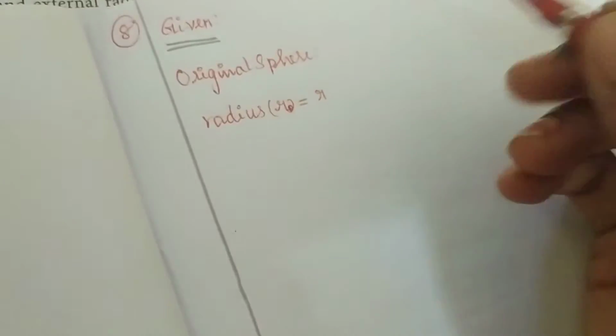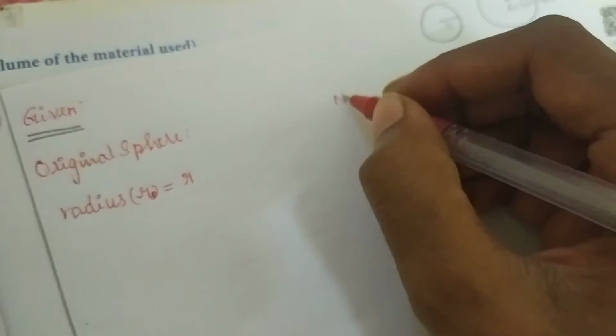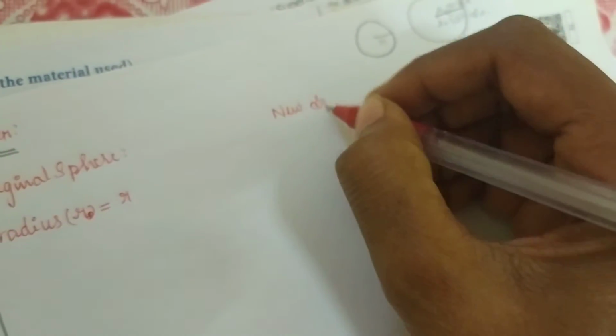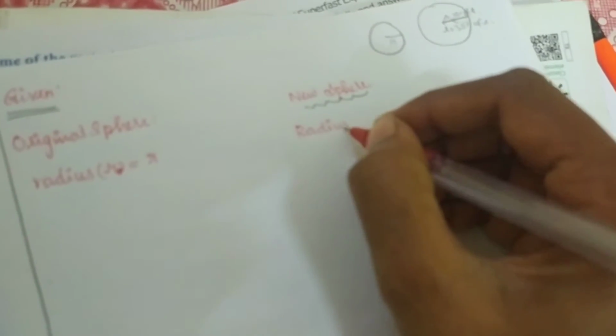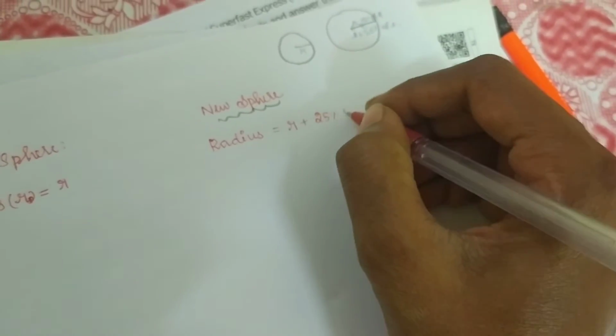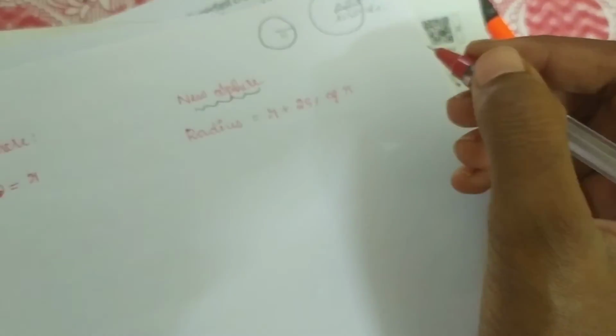Then we have a new sphere, whose radius equals the original radius plus 25% of r. Clear?